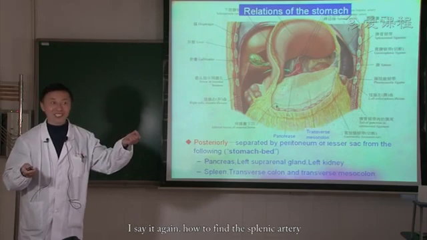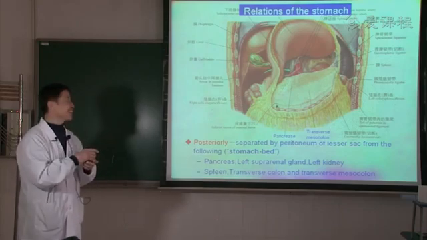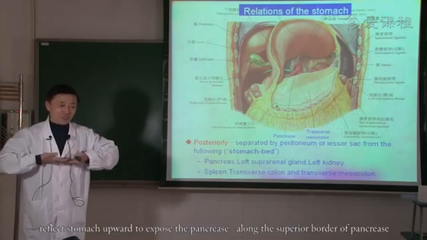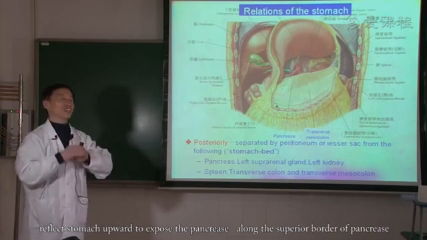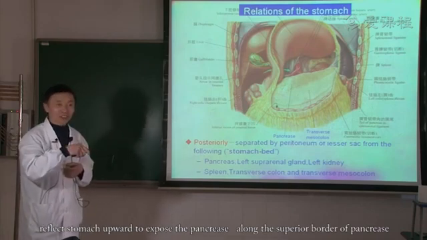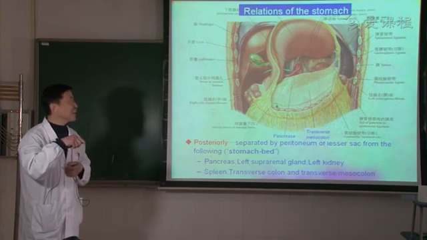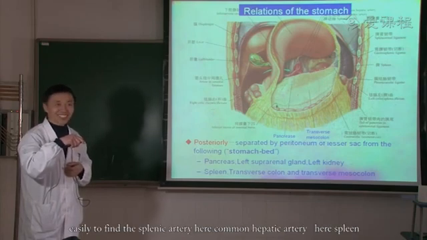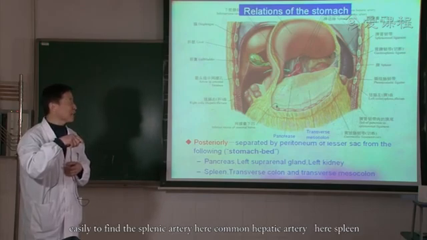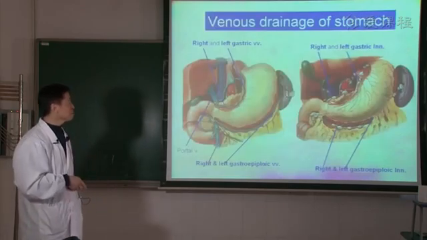How to find the splenic artery? Reflect the stomach upward to expose the pancreas. Along the superior border of the pancreas, easily find the splenic artery. Here, the common hepatic artery. Here, the spleen.